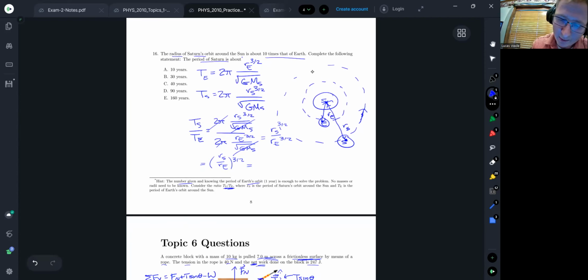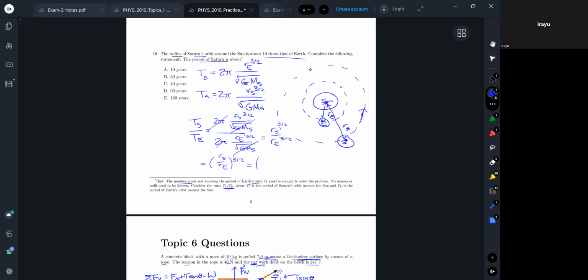Okay, and how can we finish out this problem? Distribute what? The RS with RE multiplied by 10. So RS, you're saying is RE times 10?